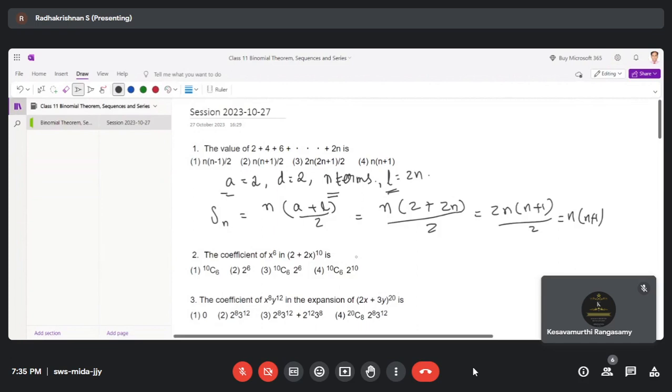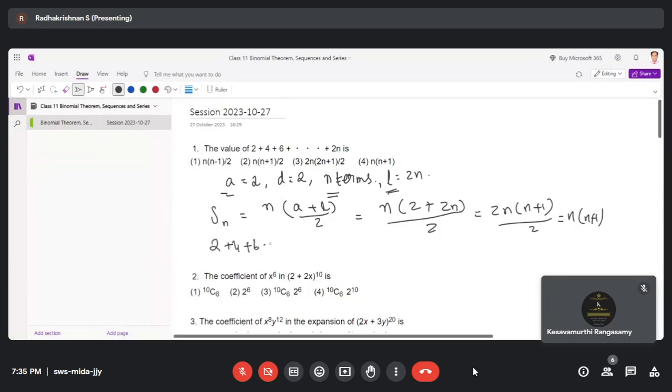You can also do it in another way. You can factor out 2 in this series, 2 plus 4 and so on. Write it as the easy series that we all know, 1 plus 2 plus 3 up to n, which is n into n plus 1 by 2.